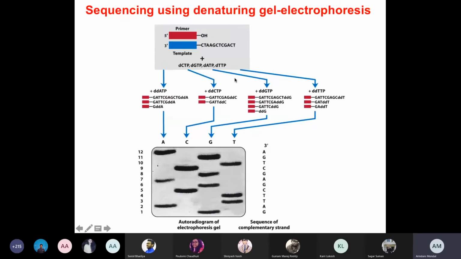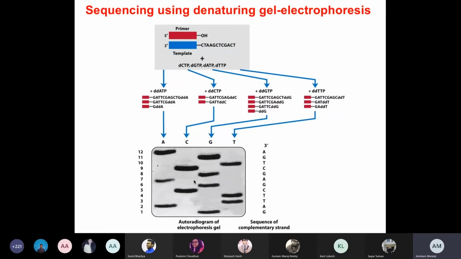But if you want to unravel the sequence of a 100 nucleotide DNA or maybe a 1,000 nucleotide DNA, in that case you should be getting 1,000 bands, right? For each of the sets, you might be getting about 200, 300 bands, and that becomes extremely laborious to do manually, to manually ascertain the sequence of nucleic acids.